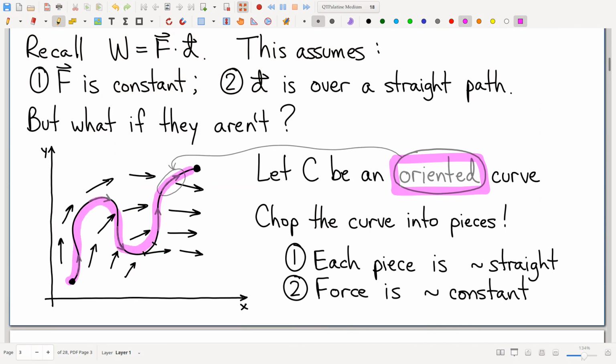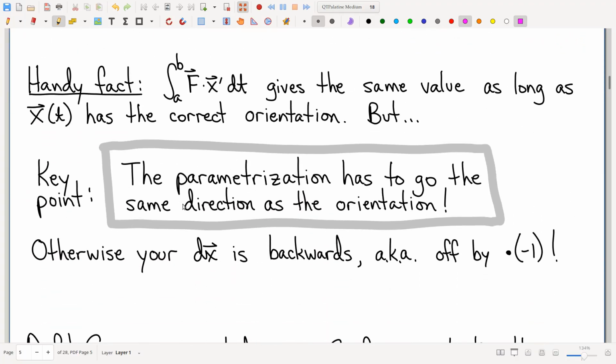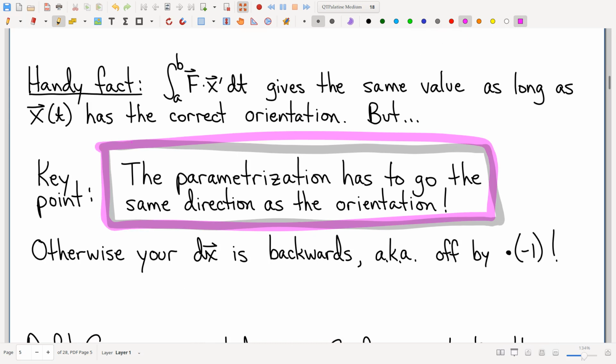The fact that I'm going that way, specifically, is part of the scenario we're entertaining. We're going in a specific direction along a curve. We're not just adding up inert, dumb scalars along a curve, right? So when you ask the question, does the orientation matter? Don't lose sight of the fact that the direction you're going is part of the deal.